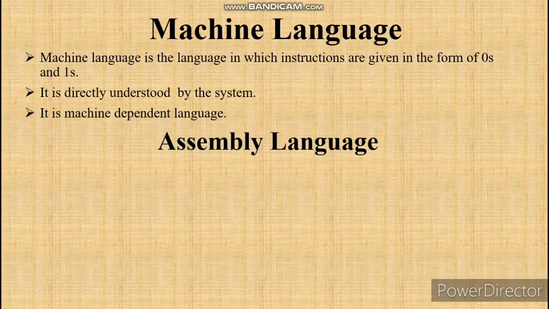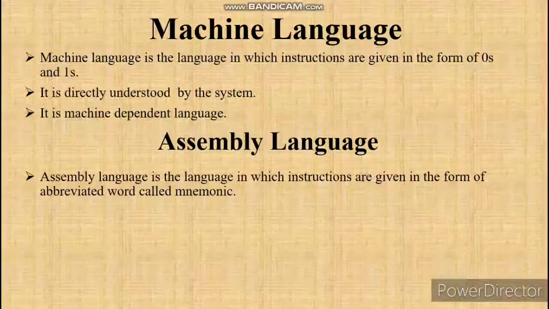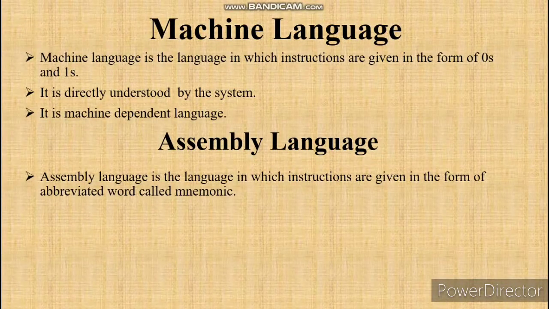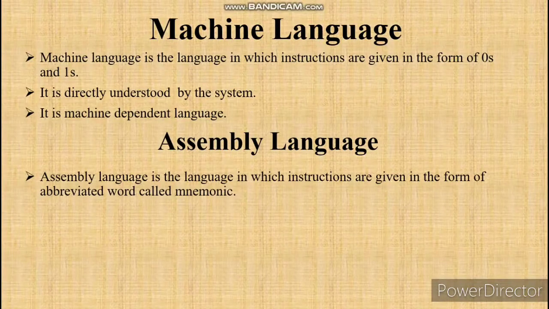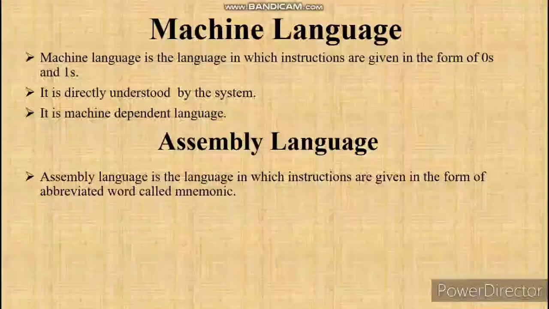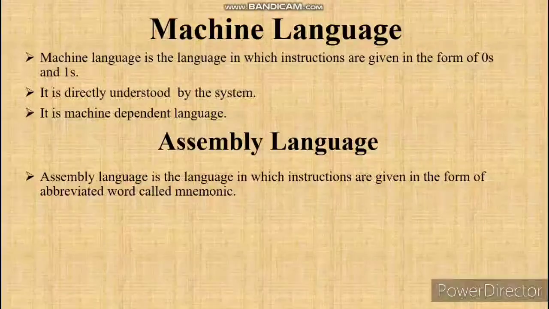Next is assembly language. An assembly language is the language in which instructions are given in the form of short words called mnemonics, right? In this language, the programmer uses short forms to give instructions.